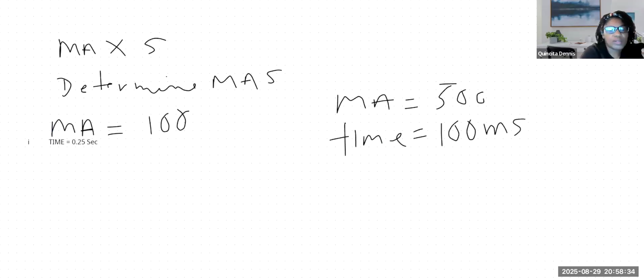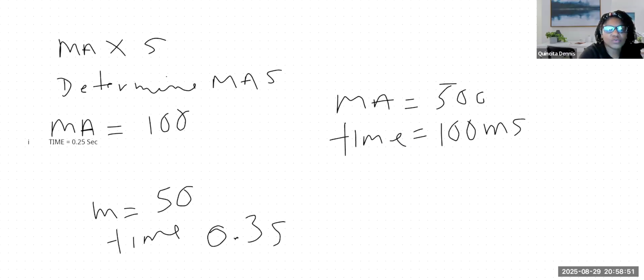And the last one, mA is equal to, and time is equal to, all right, so tell me what the overall mass for all of these are.